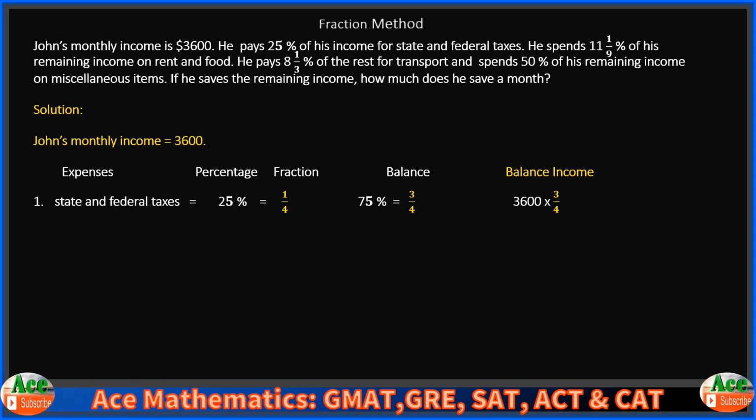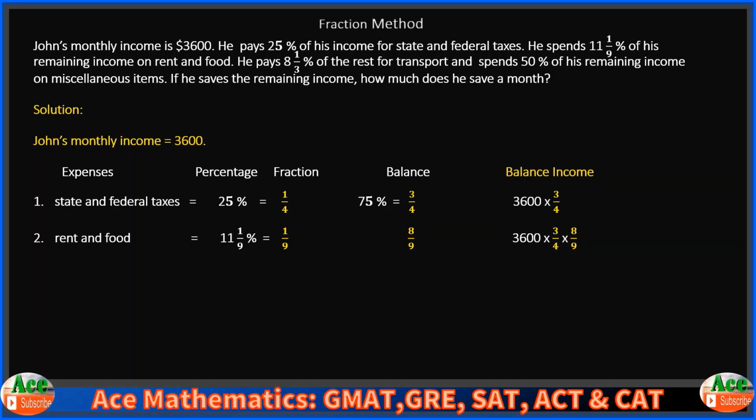After spending 1/4 of his income, John has 75% or 3/4 of his income, which is equal to 3,600 multiplied by 3/4.